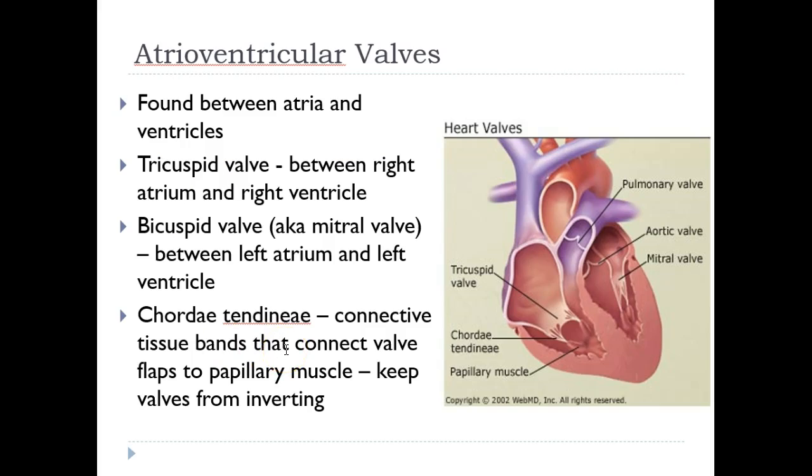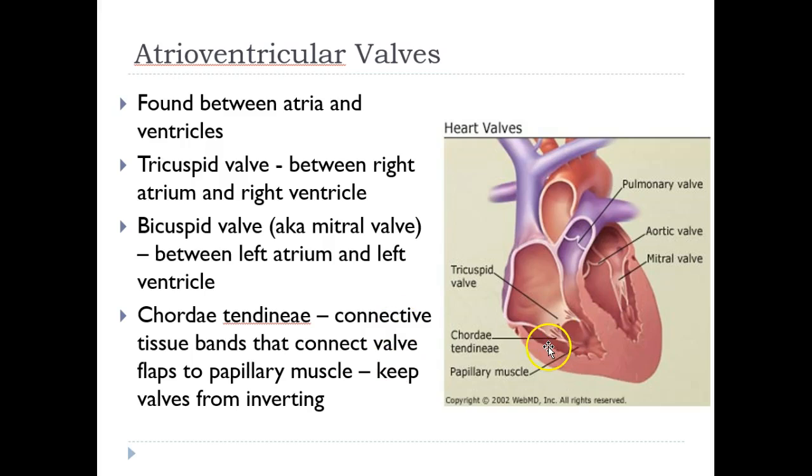So we have the atrioventricular valves. They're going to be found between the atria and the ventricles. We have a tricuspid valve that's going to be between the right atrium and the ventricle. And then we have a bicuspid valve, and that's going to be near the left atrium and left ventricle.